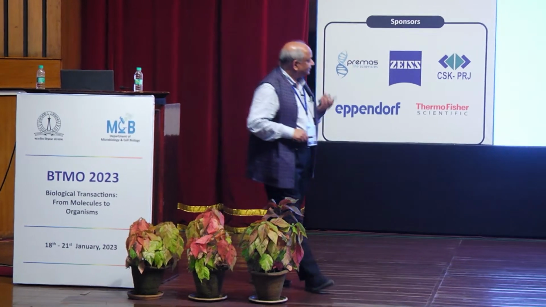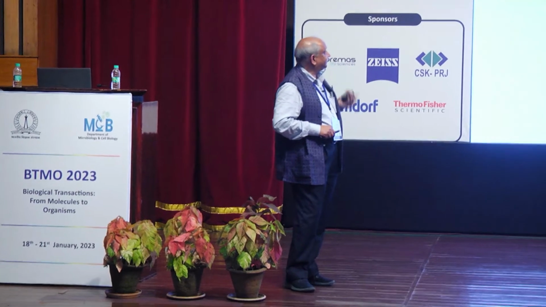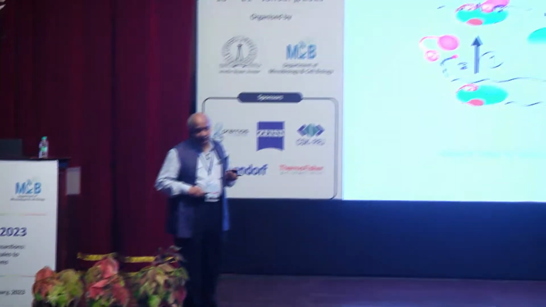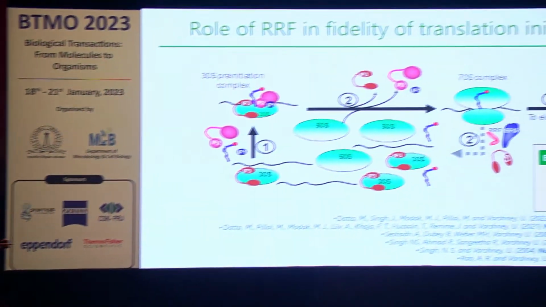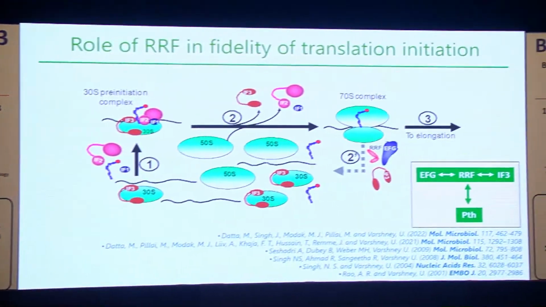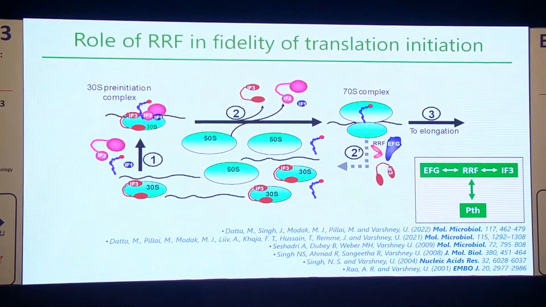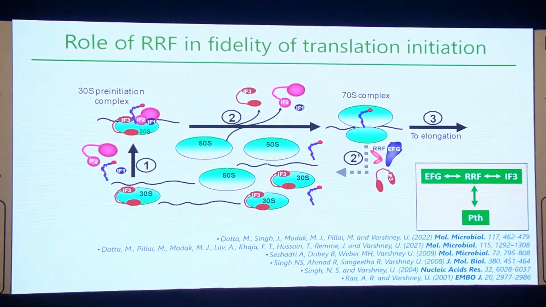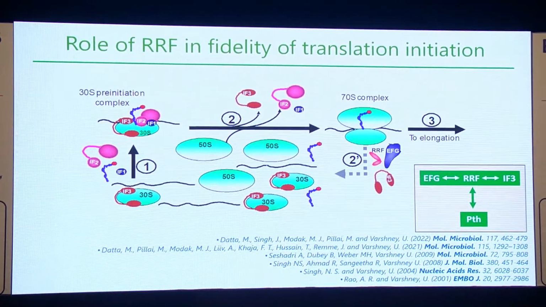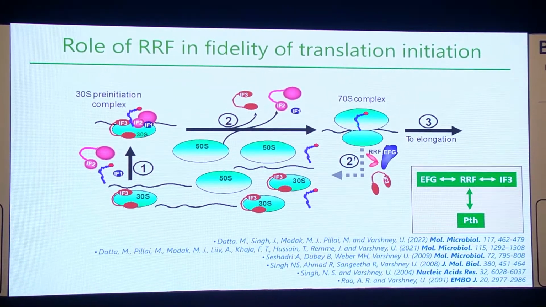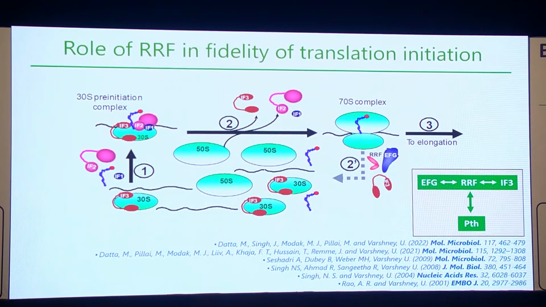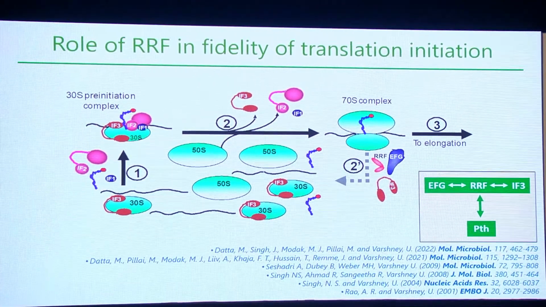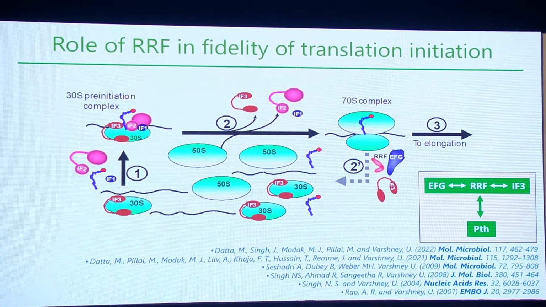Now, there is one thing that I also want to mention here briefly, about the accuracy of initiation. We know quite a lot about abortive transcription initiation. I suspect there is also a step of abortive translation initiation, and that accuracy, if let's say the wrong tRNA binds to the 70S, is maintained by ribosome recycling factor, and Suparna talked about RRF yesterday, so I won't spend much time on that.